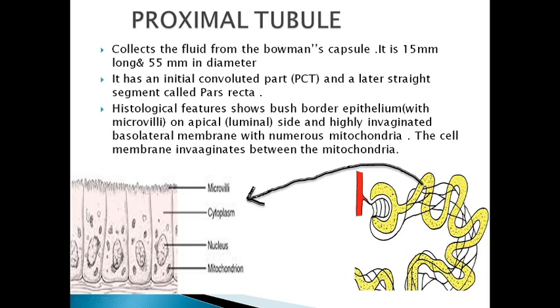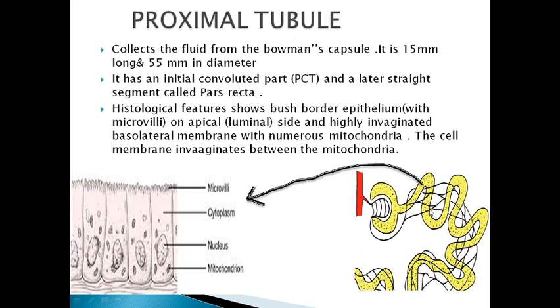Most of the water, most of the salt gets reabsorbed in this proximal tubule portion, and therefore the histology of this portion, as you can see in this picture, we can see that this is having a brush border epithelium. Brush border epithelium is present with the microvilli so that the absorptive area is increased tremendously. Okay, moreover, it contains large number of mitochondria towards its basolateral aspect also.